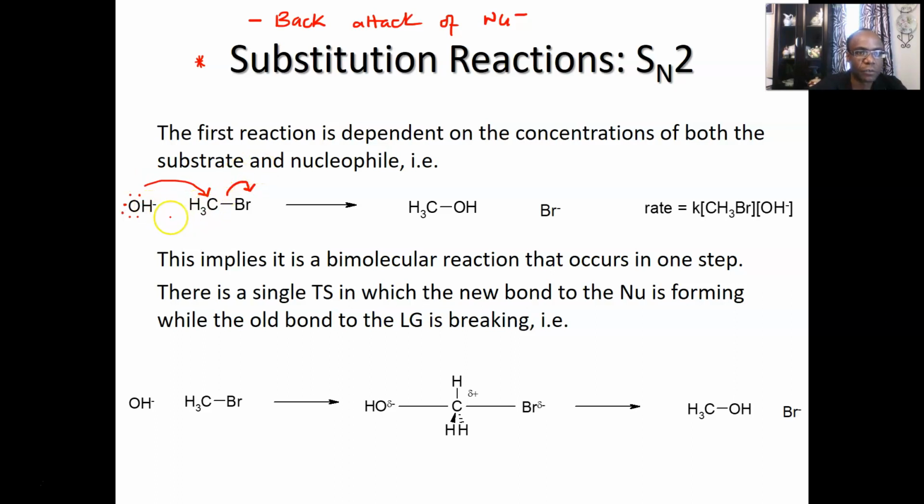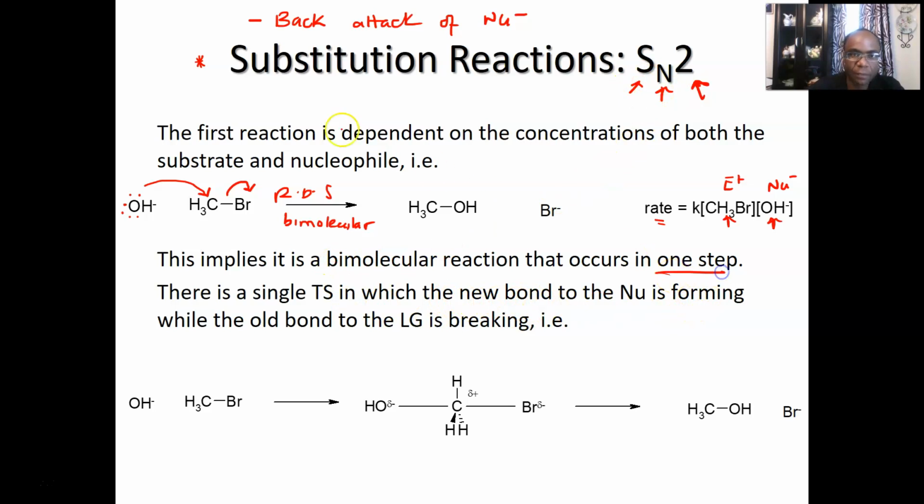The two molecules are involved in the rate determining step. So the rate formula will involve both the alkyl halide and the nucleophile, the electrophile and the nucleophile. So the reaction here is bimolecular. Bimolecular nucleophilic substitution. Two molecules determine the rate.